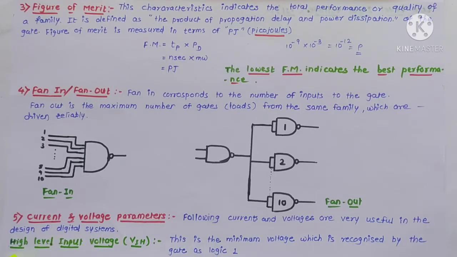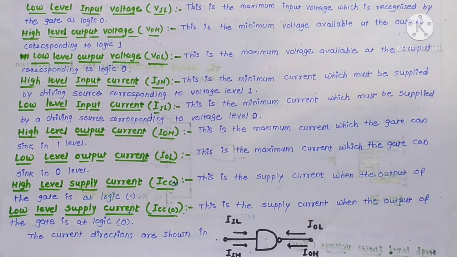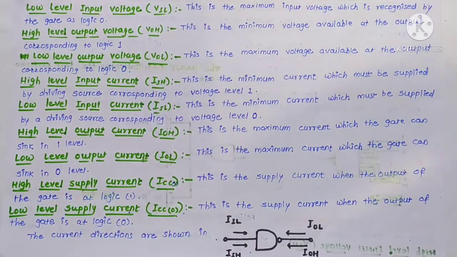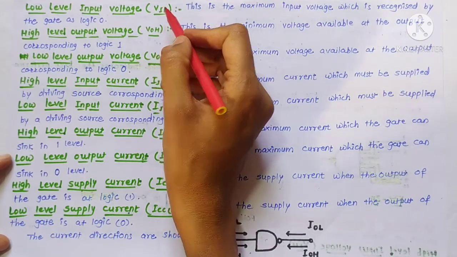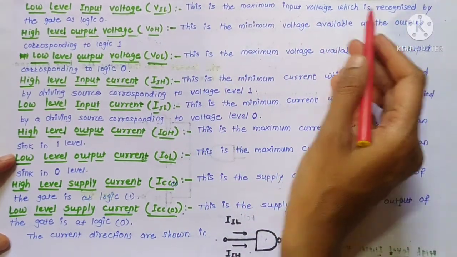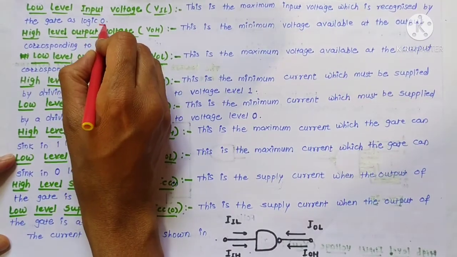Here, high level input voltage is nothing but VIH. This is the minimum voltage which is recognized by the gate as logic 1. Low level input voltage is VIL. This is the maximum input voltage which is recognized by the gate as logic 0.